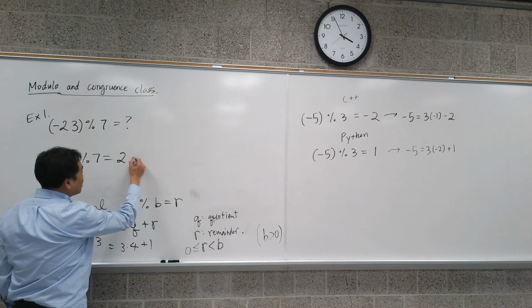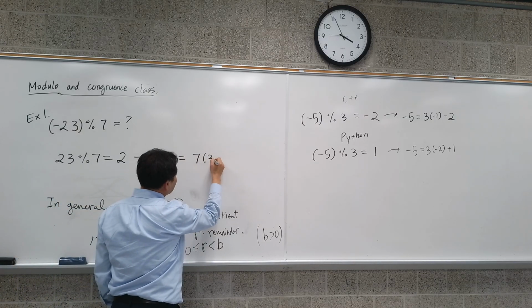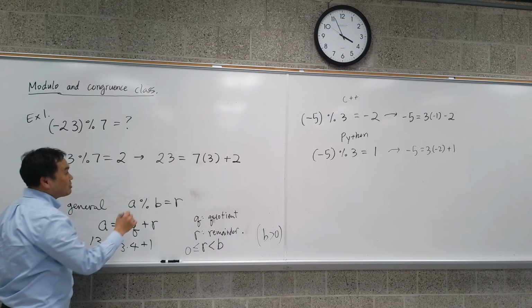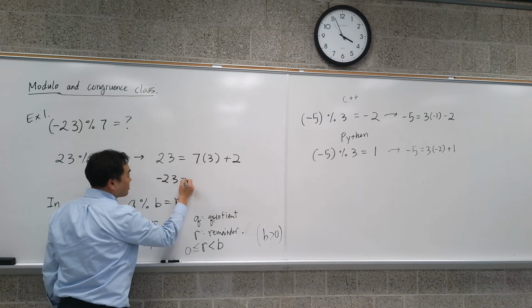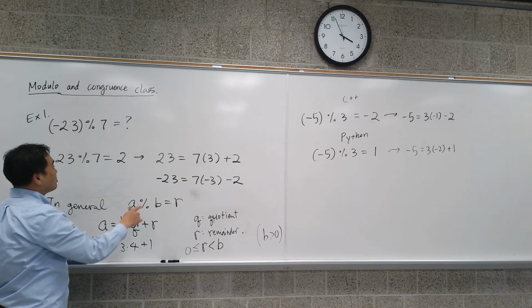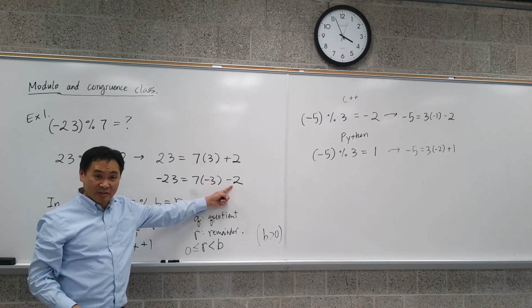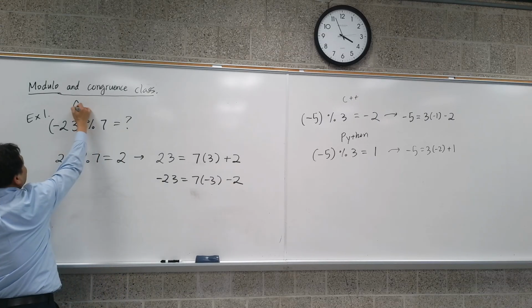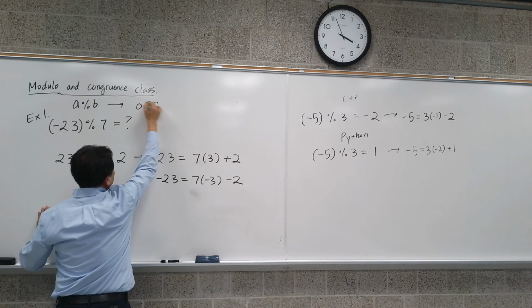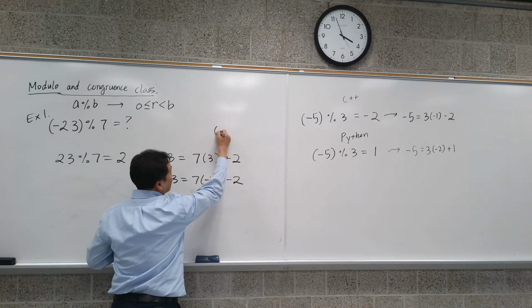You get 2. Which says that 23 is equal to 7 times 3 plus 2. Now you just multiply negative to everything, so negative 23 is 7 times negative 3 minus 2. So you get a statement for this guy here, okay? Except that that's no good, right? So when we're doing A mod B, we need the remainder to be non-negative and less than B. In this case, B is 7, so we need the remainder to be between 0 and 7.